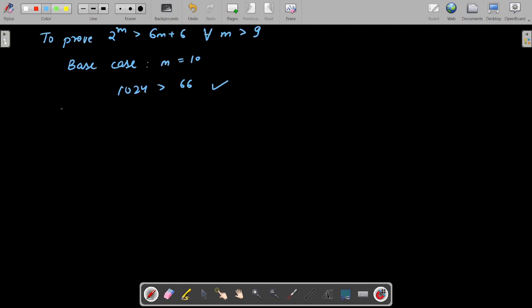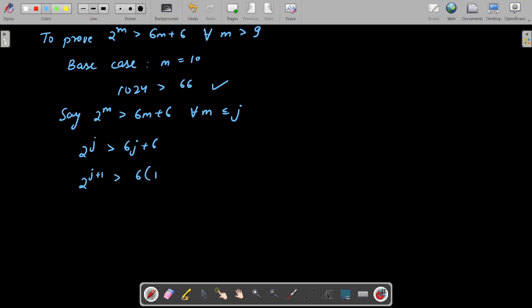Then for the inductive hypothesis, say 2 to the power m is greater than 6m plus 6 for all m less than or equal to j, right? So 2 to the power j is greater than 6j plus 6. What we need to prove in the inductive step is that 2 to the power j plus 1 must be greater than 6 into j plus 1 plus 6.